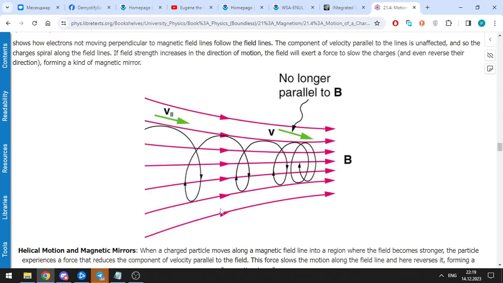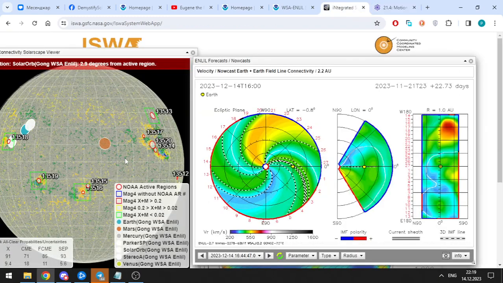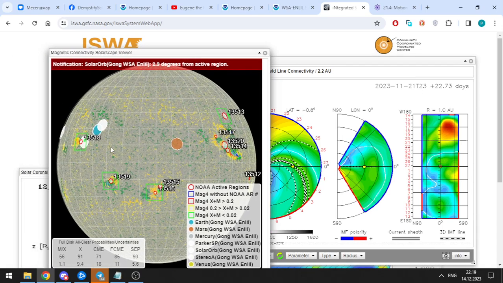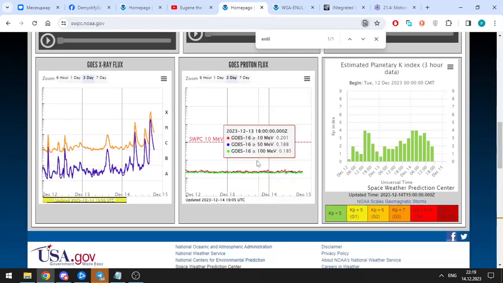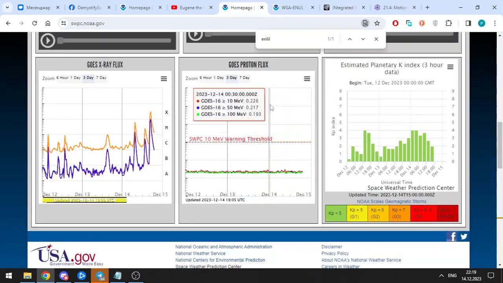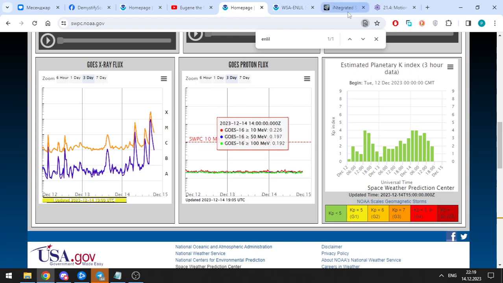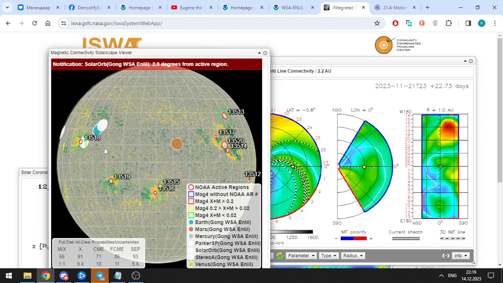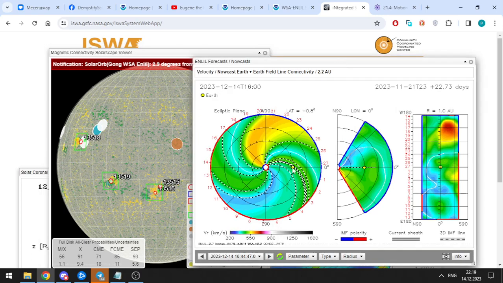Okay, that's why when, let's say, there is a solar flare in a region which we are connected to or somewhere nearby, we can see a proton event, something here spikes, because the fast particles produced by the flare just jump on this highway, so to speak, on this line of connectivity, and they arrive at Earth really quickly.